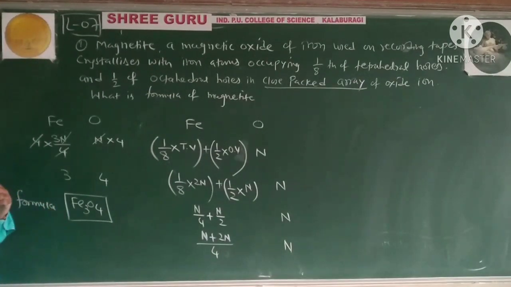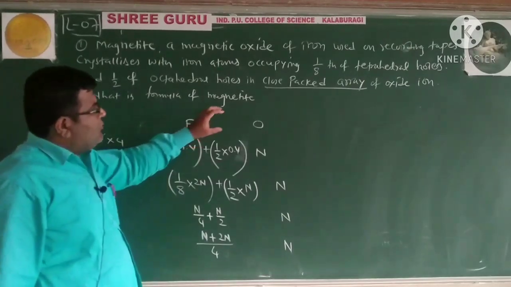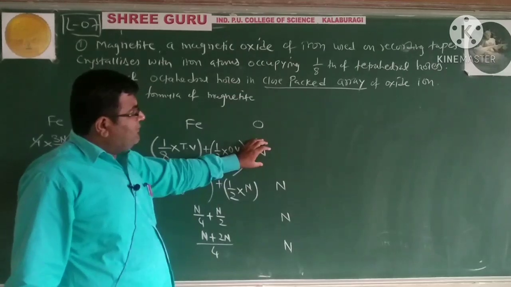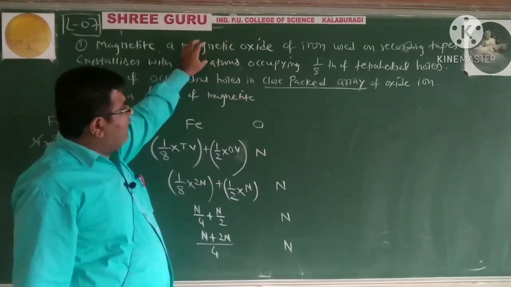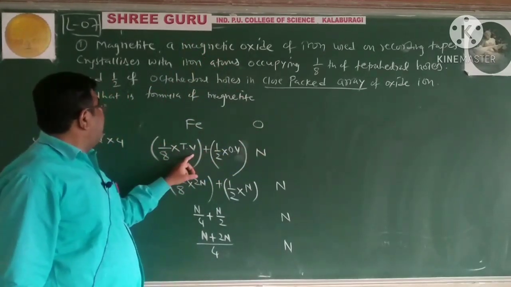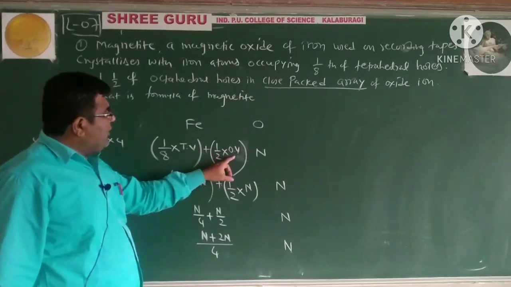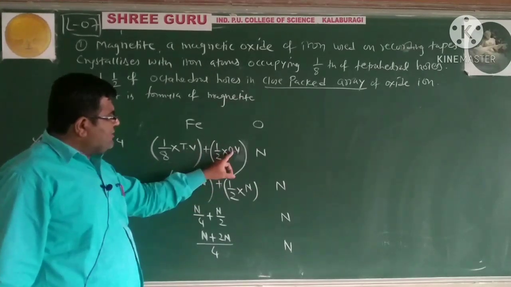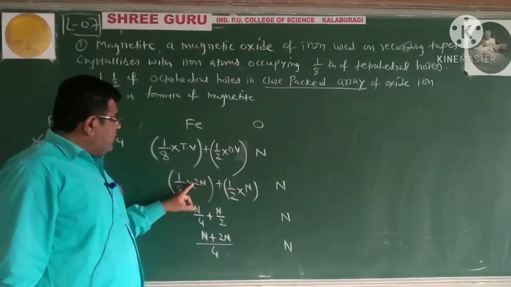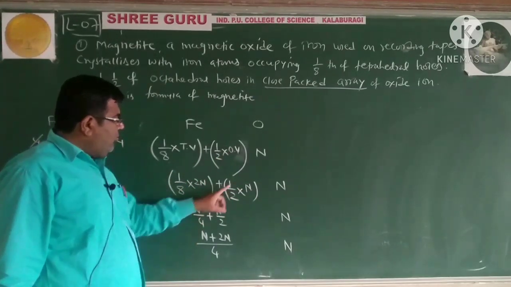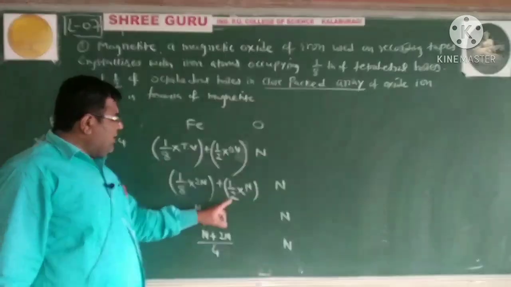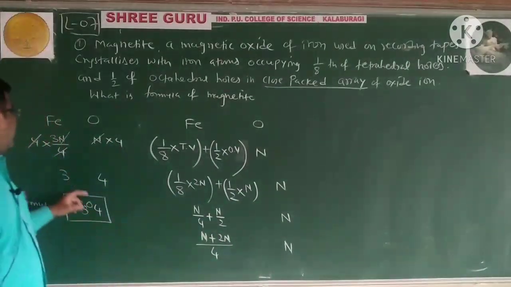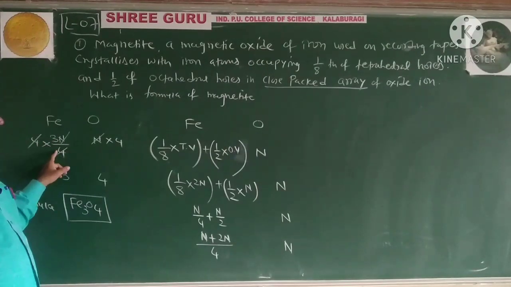Try to understand the question. Oxide ions were closely packed, and the number of particles is capital N. Iron was occupying 1/8 of tetrahedral voids and half of octahedral voids. Tetrahedral voids are 2N, octahedral voids are N. 2N/8 is N/4, and N into 1/2 is N/2. N plus 2N by 4 gives 3N/4.